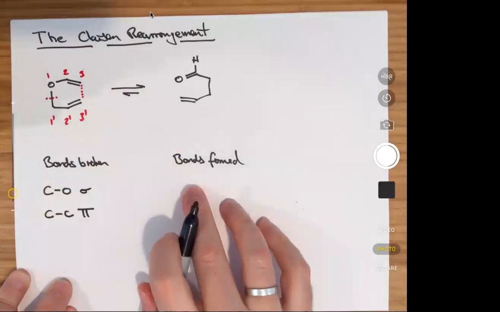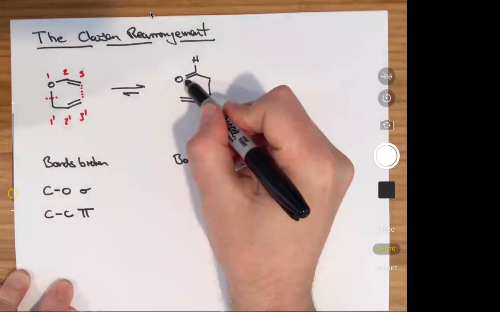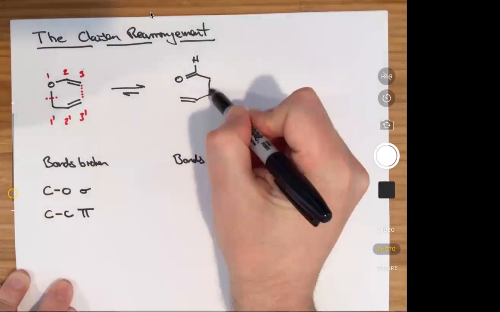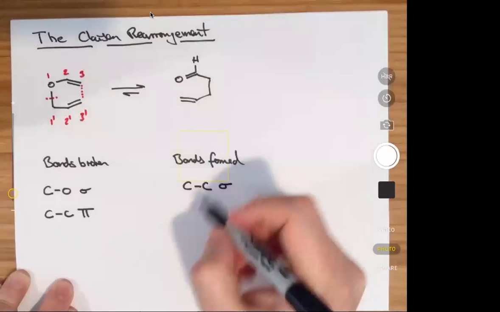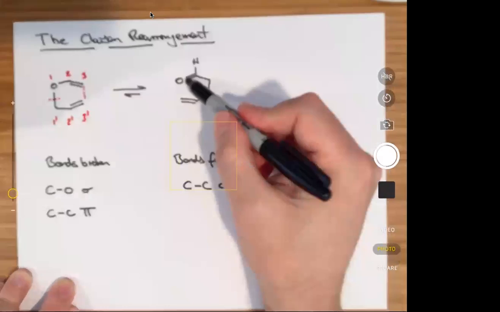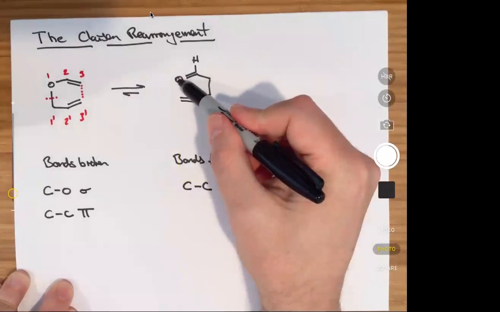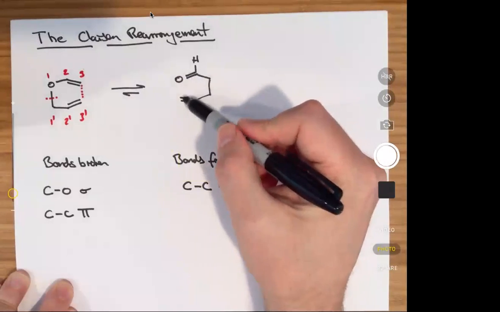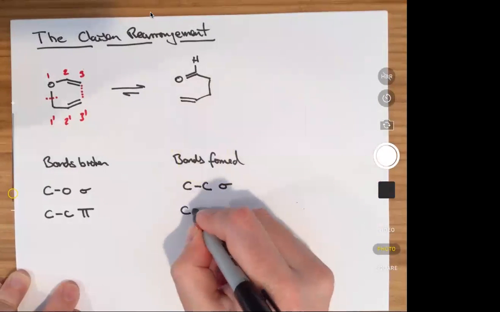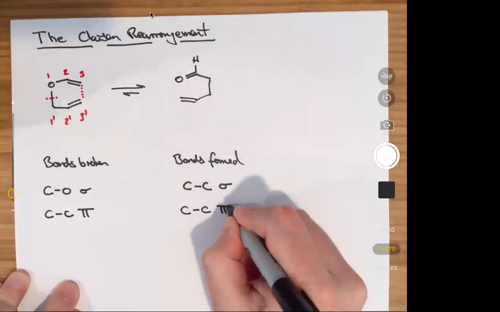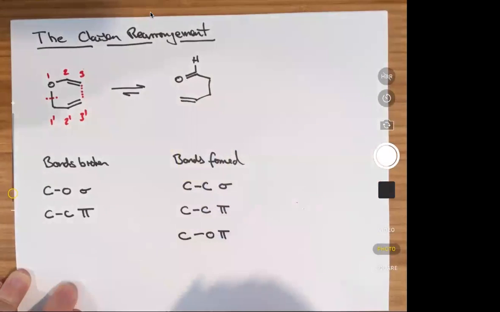And on this side, what we are essentially forming is a new carbon-carbon sigma bond, so this bond here. And the other part that we are forming is essentially the carbon-oxygen and a carbon-carbon bond. So we form a carbon-carbon pi bond, and we form a carbon-oxygen pi bond, right?